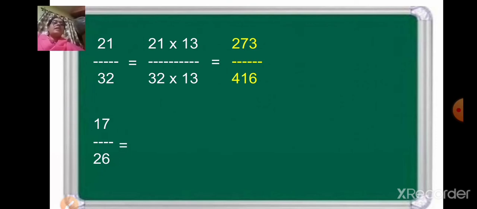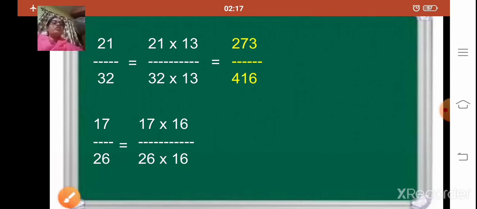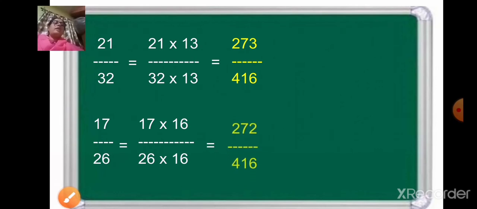Now 26 multiplied by which number will give you 416? That is 26 into 16. If you divide this 416 by 26, you will get the quotient as 16, which you have to multiply by the denominator. Now the same number to be multiplied by the numerator also. So your answer is 272 upon 416.